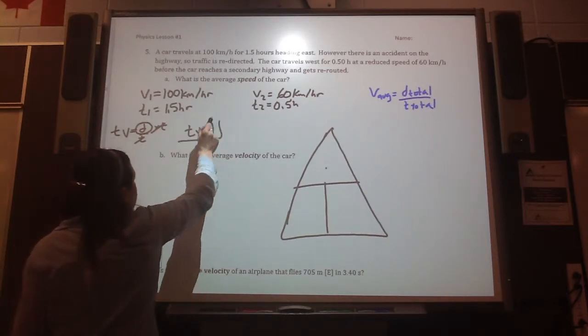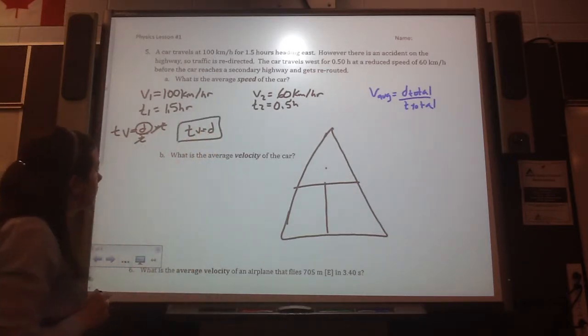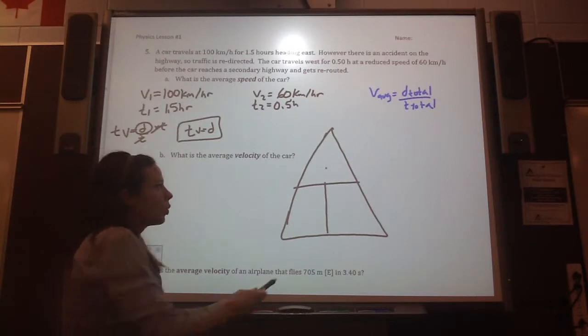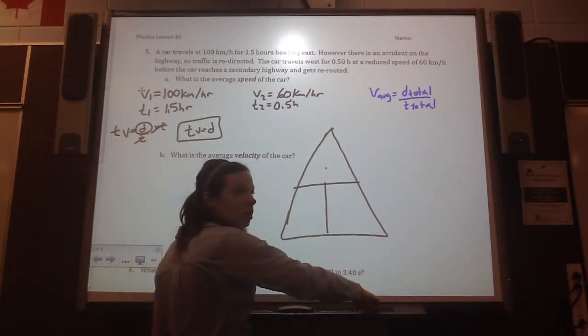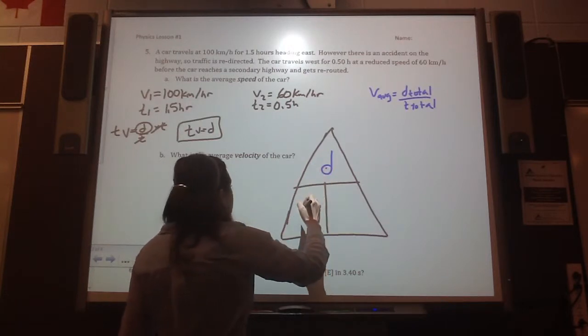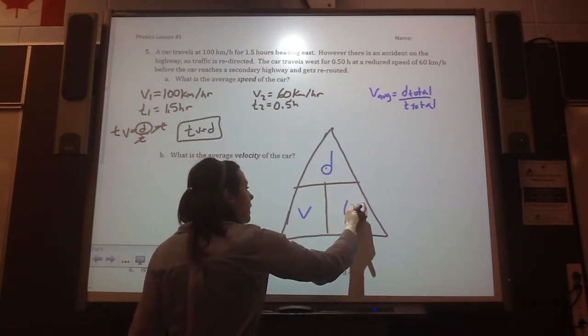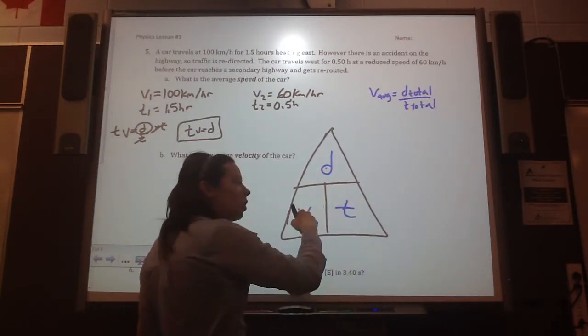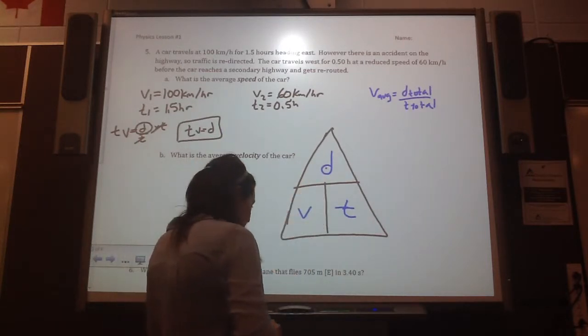So let's use what we have here. D is equal to V times T. So what goes on the top of the triangle? D goes on the top. D is equal to V times T. So how to use this triangle?